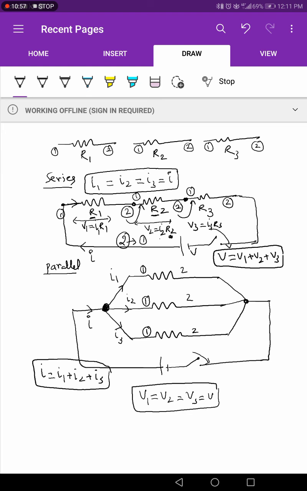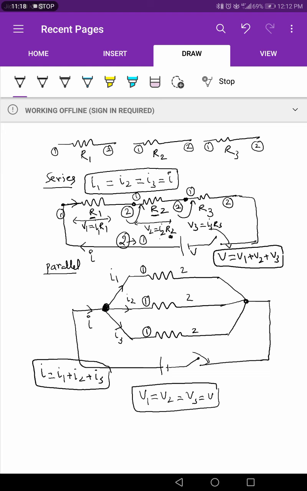But in parallel combination, it is nothing but 1, 1 common and 2, 2 common. That means all first ends are connected to one common point, and next ends are connected to another common point. When we close the key, the current will be deviating in three paths, therefore I1, I2, I3.